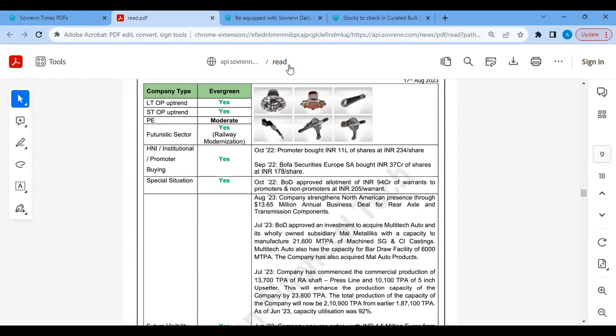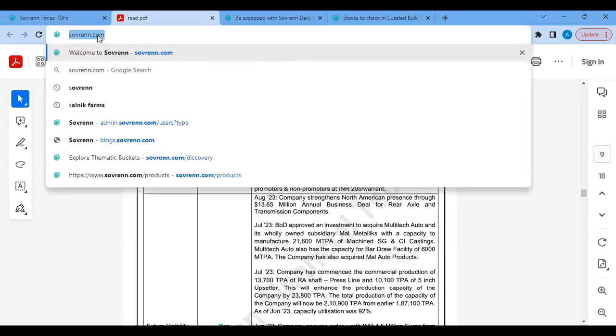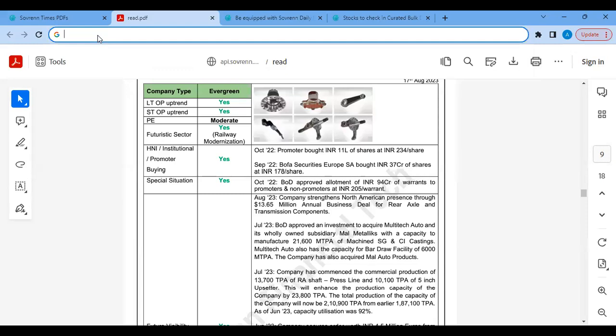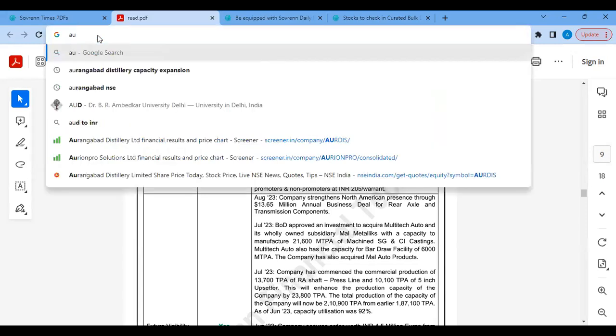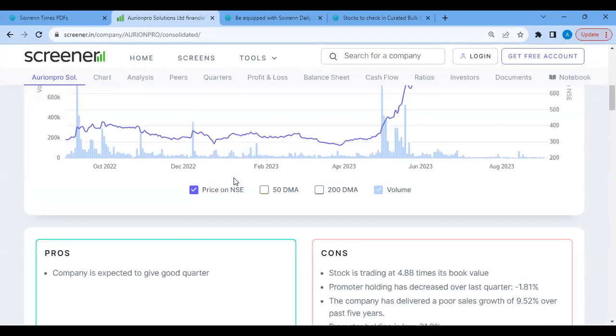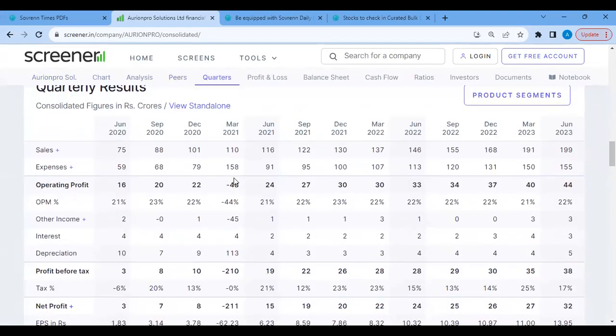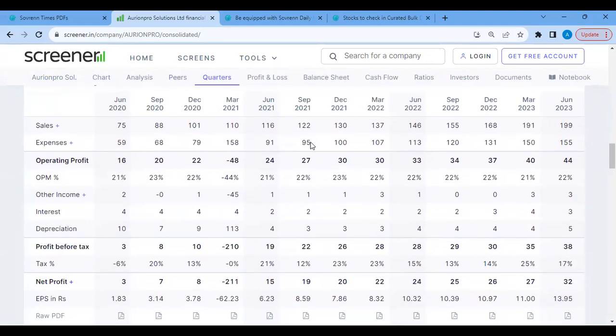Okay. Anyway, I hope this is clear. So what I was saying, all long term uptrends start with 2 quarter uptrends. Let's take one or two more examples.